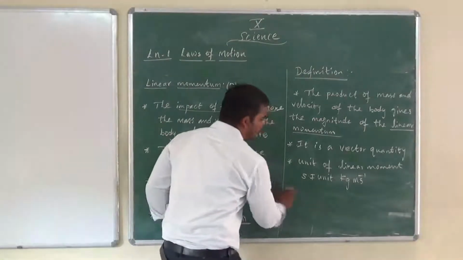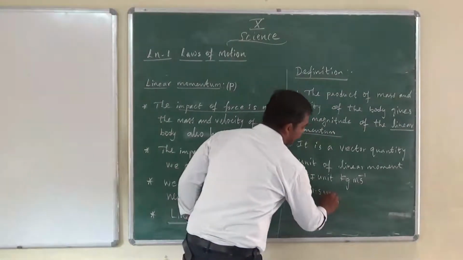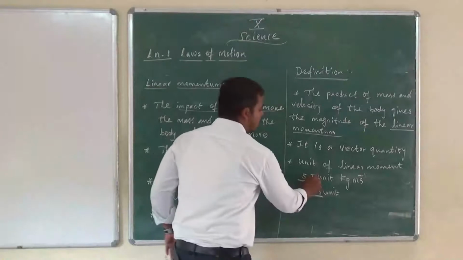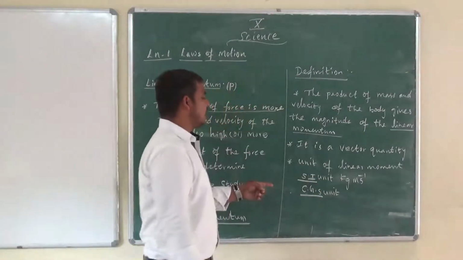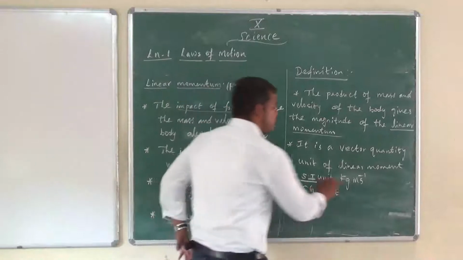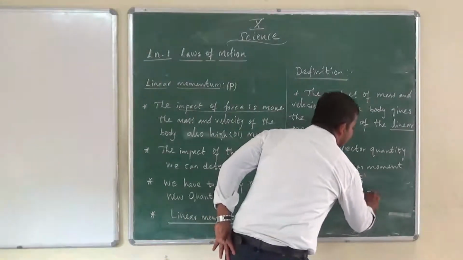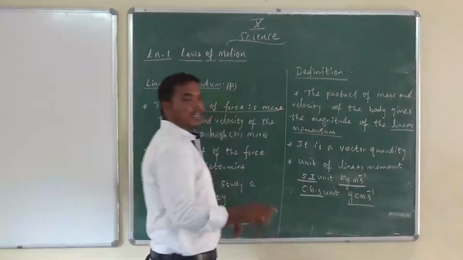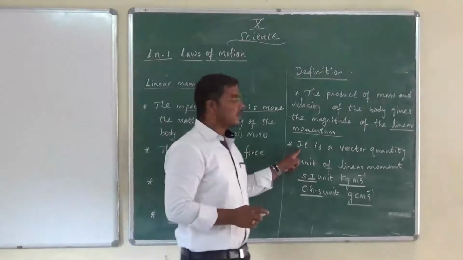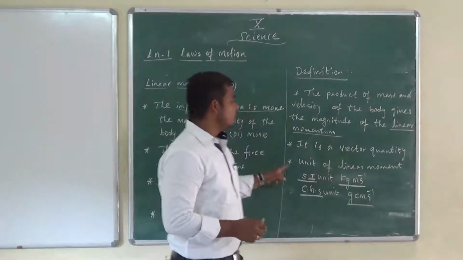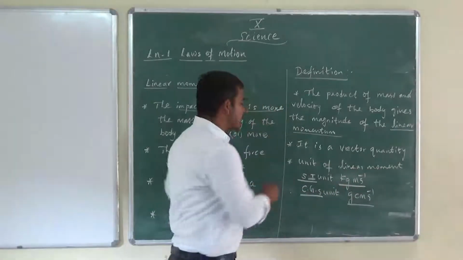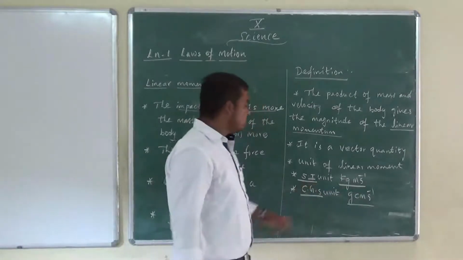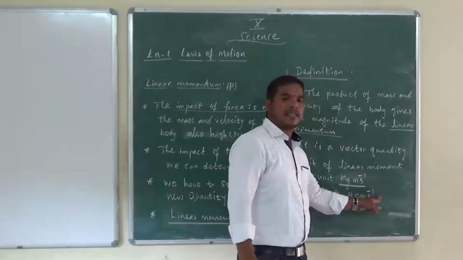Another unit is the CGS unit, centimeter gram second system: gram centimeter second inverse. These are the units of linear momentum. If we express in SI unit, kg meter per second; in CGS unit, gram centimeter second inverse.